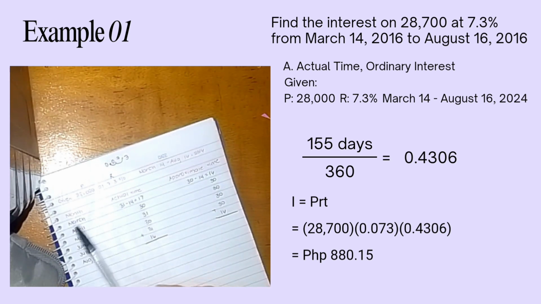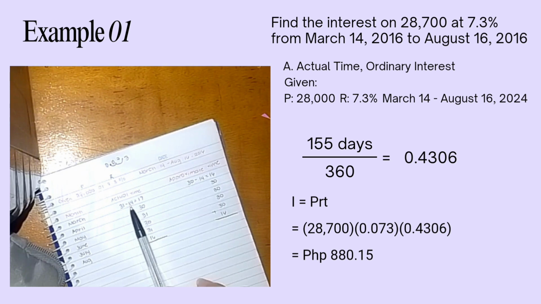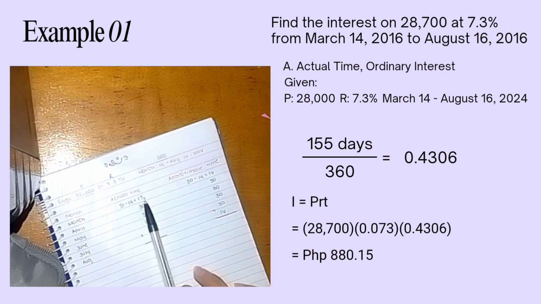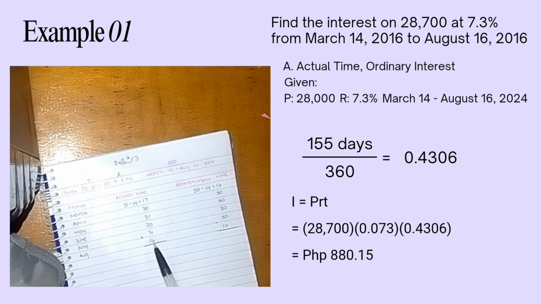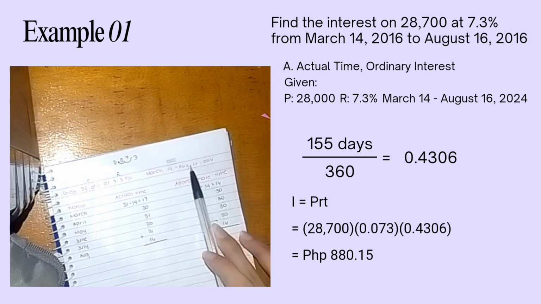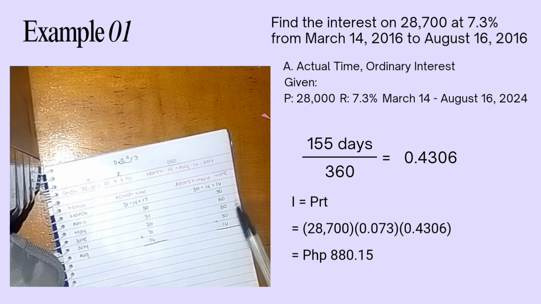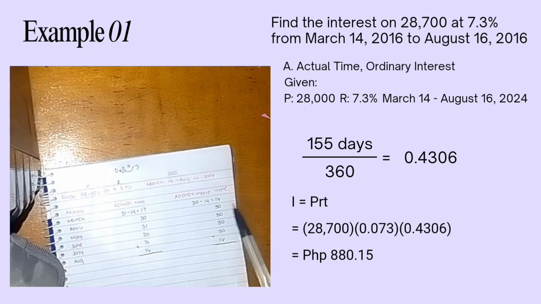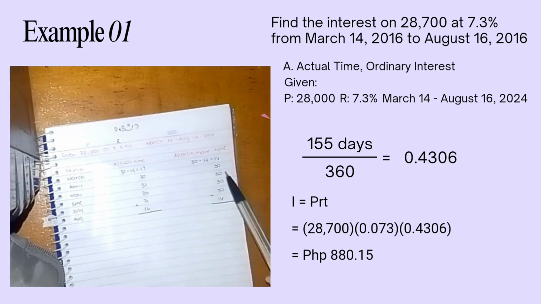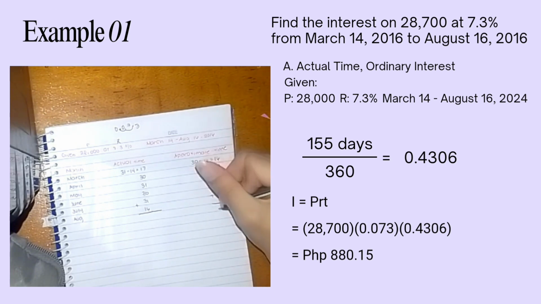We have 31 days in March, so 31 minus 14 is equal to 17. Then we have 30 in April, 31 in May, 30 in June, 31 in July, plus 16. In approximate time, 30 minus 14 is equal to 16. So 16 plus the months plus 16, that adds up to 152 days.